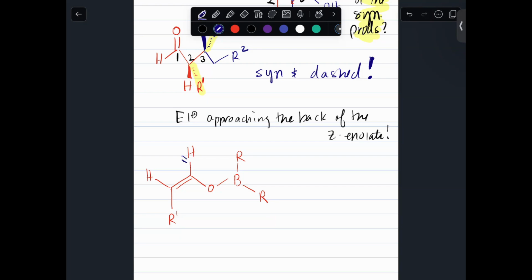So my aldehyde is approaching the back. And it's complexing to my boron.